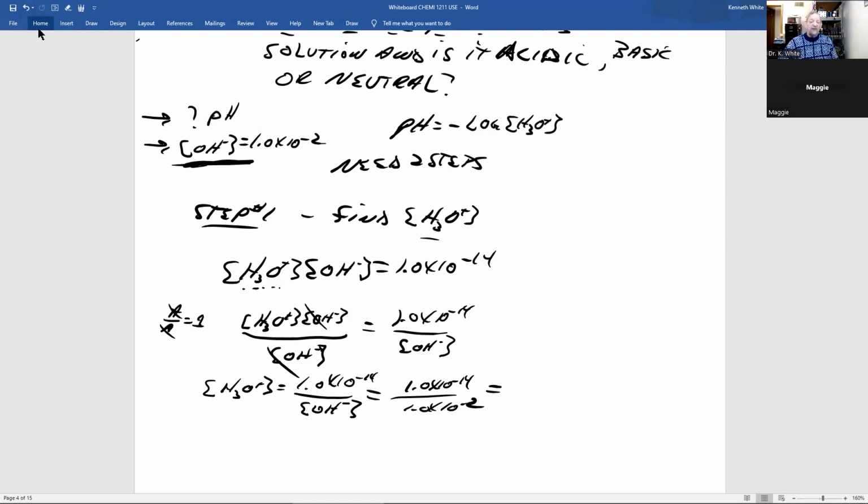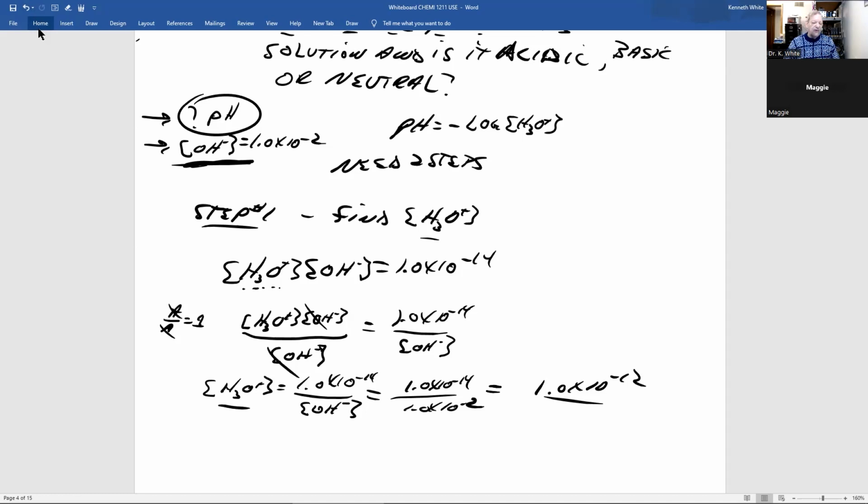And if you take up your calculator, as I showed you yesterday, or do this in your head too, it's 1.0 times 10 to the minus 12. Are we done? No, we're trying to find the pH.